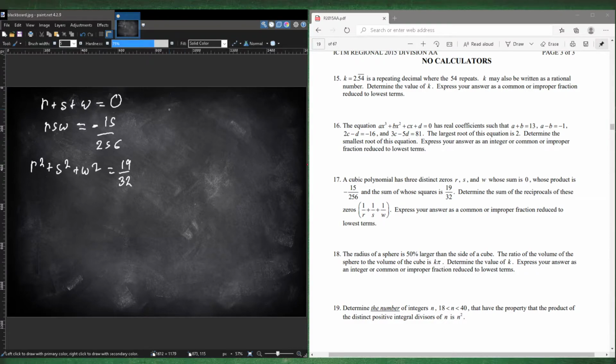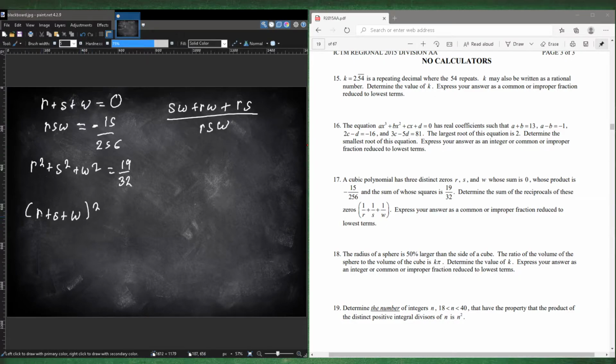So we need to find this, which is equal to sw over rsw plus rw over rsw plus rs over rsw, because that's just simplifying with the same denominator. So all we have to do to get this value is, instead of squaring them and adding the sum of the squares, just add them together, and then square it.